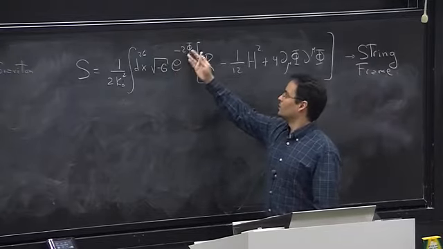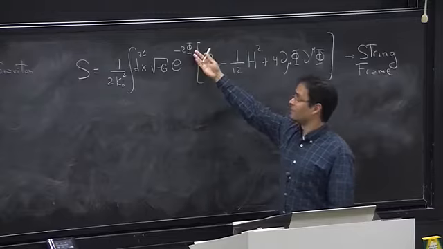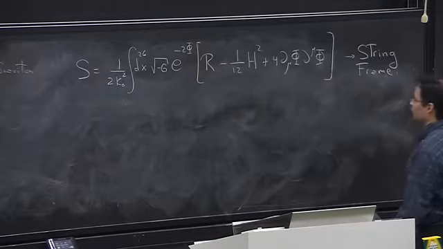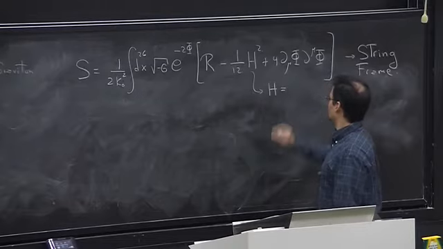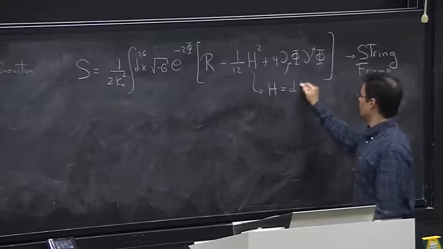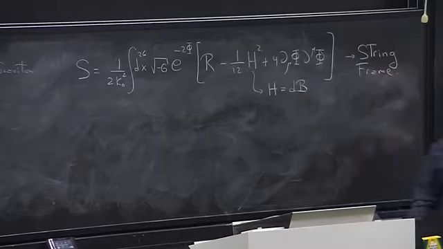When you have this factor of the dilaton in front of the scalar curvature, you say that this is a string frame. Just to remind you, this H was a three-form, the curvature of our two-form gauge potential. So this is our gauge potential now. Very good.